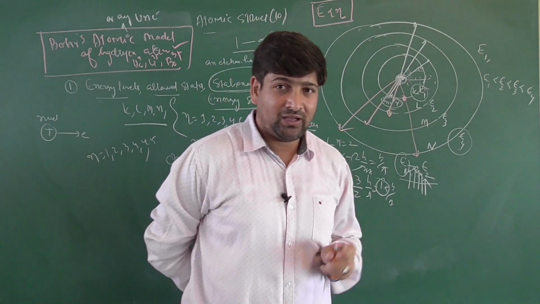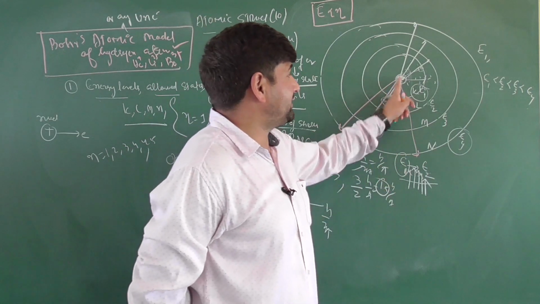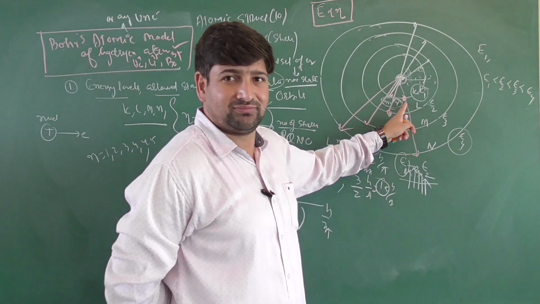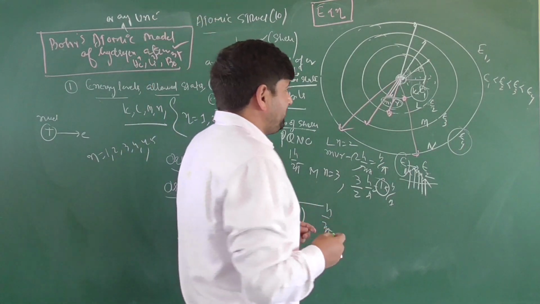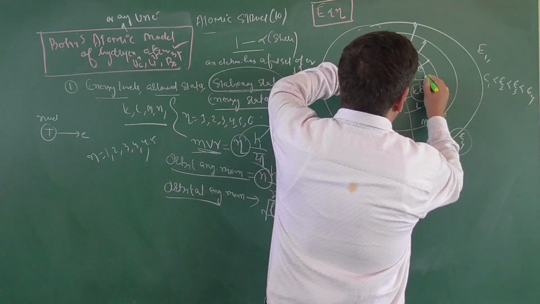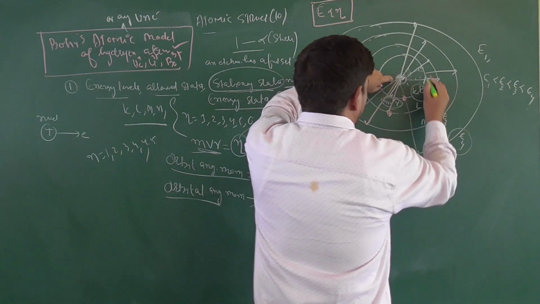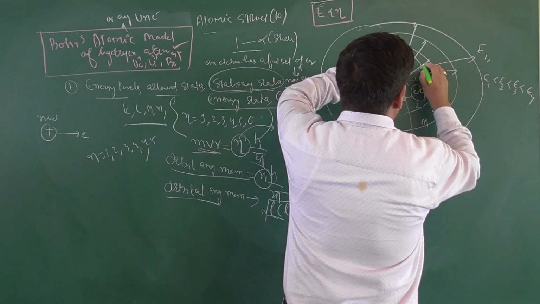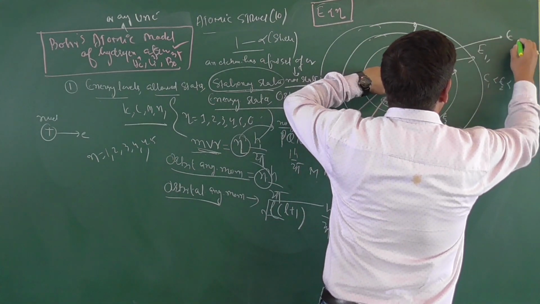So children, the energy of the electron is due to interaction with the nucleus. Now tell me, if I give it energy, it can move from E1 to E2, from E1 to E3, from E1 to E4, even from E1 to E infinity.